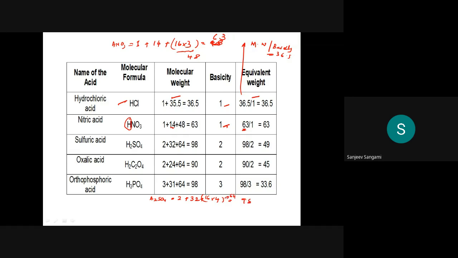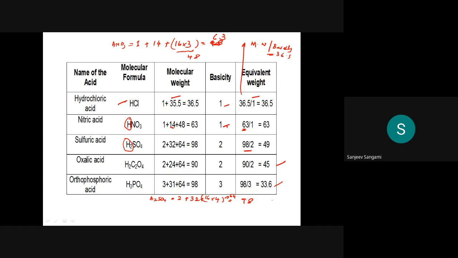Then the total is 98. The molecular weight is divided by its basicity, which is 2 here, since H plus is 2. Similarly they have calculated oxalic acid and orthophosphoric acid. So this is the concept of molecular weight and equivalent weight.